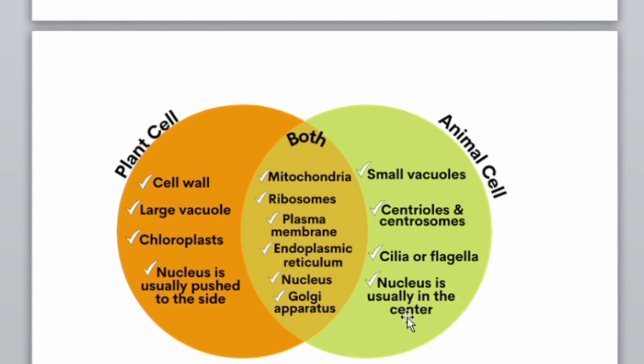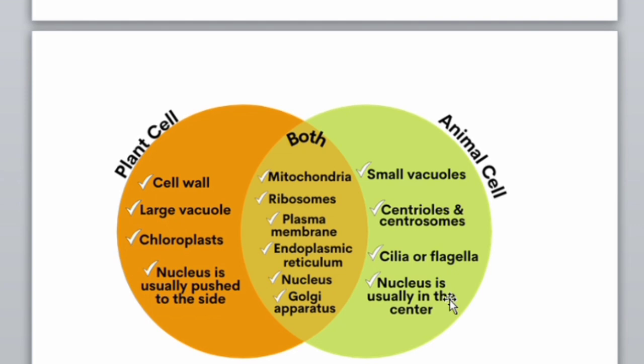In case of animal cell, the nucleus is in the center, but in case of plant cell, it is pushed to a side. The similarities between the both are they contain mitochondria, ribosomes, plasma membrane, endoplasmic reticulum, nucleus, Golgi apparatus. So in this diagram, the differences and similarities are clear.